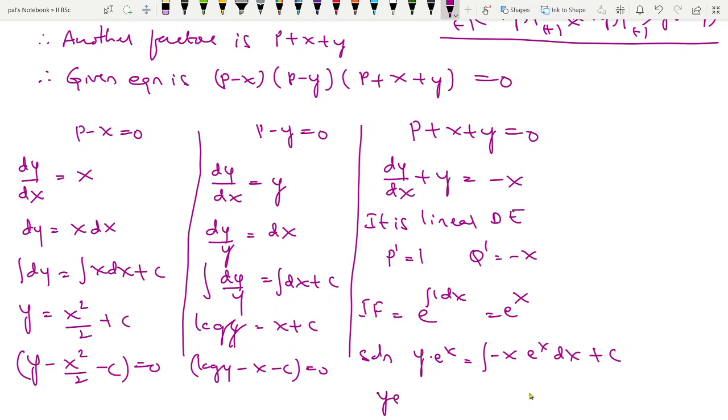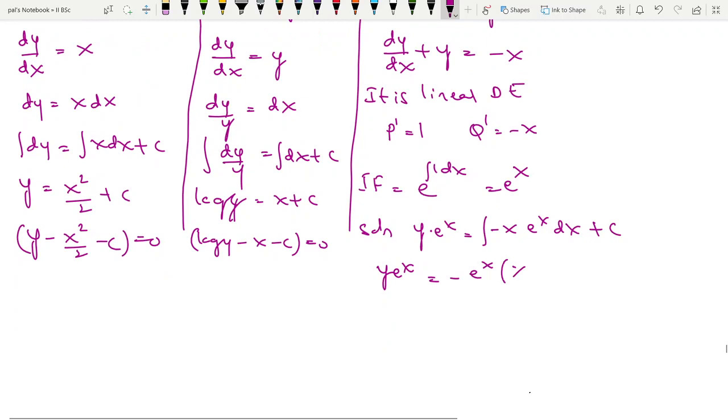So that is y into e to the power of x is equal to, when it comes like this, how to do the integration, I told you, right? Take the minus outside, and the remaining is only x here. So first we have to write x first. Okay, write x here. So it is x.